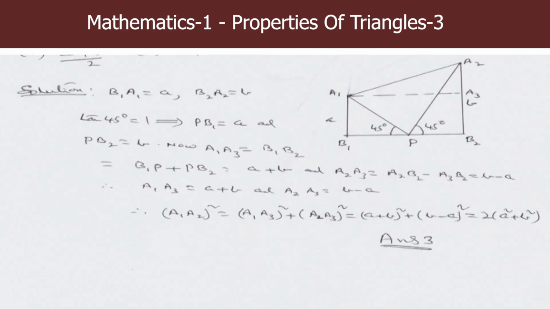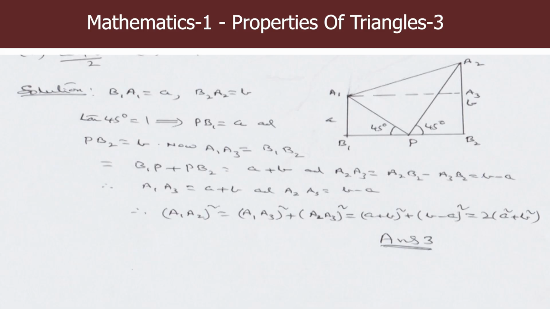So in the diagram, B1A1 is one pole and B2A2 is another pole. We have taken B1A1 is equal to small a, B2A2 is equal to small b. Now use tan 45. Tan 45 is equal to 1 implies PB1 is equal to small a. And similarly, tan 45 is equal to A2B2 by PB2, which gives you PB2 is equal to small b.